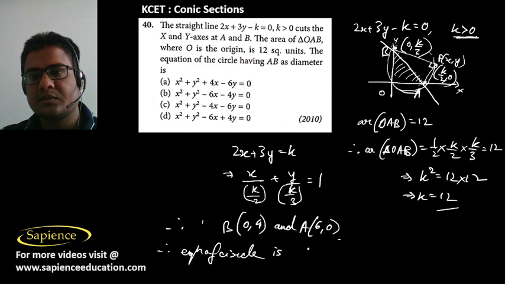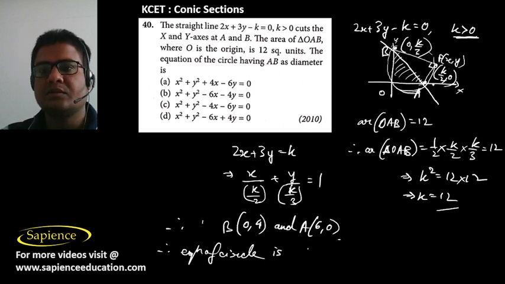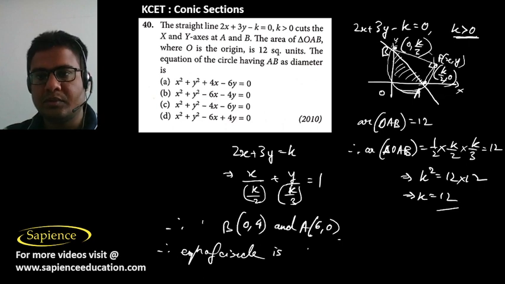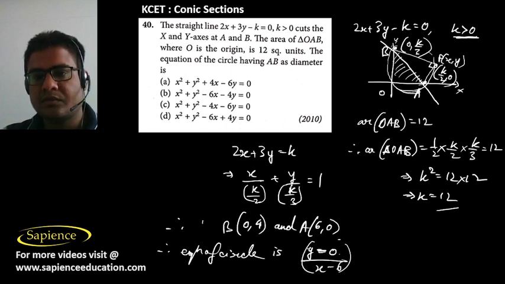For the point (x, y), the slope is (y minus 0) by (x minus 6) into (y minus 4) by (x minus 0), that is equal to -1.